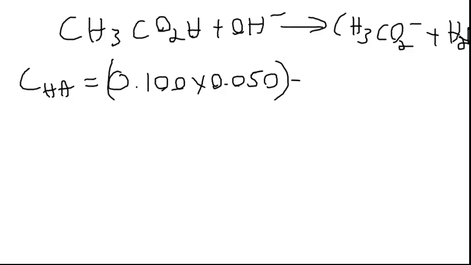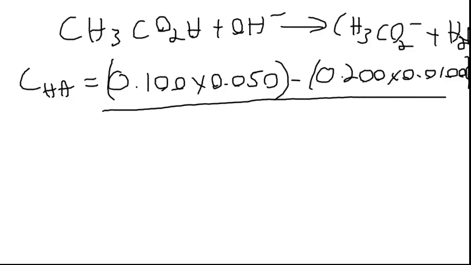And then we're going to subtract the number of moles of base that we've added. Because it's a 1-to-1 ratio, every mole of hydroxide is going to react with one acetic acid to make one acetate. So we've got 0.2 times 10 milliliters, or 0.01 liters of base.